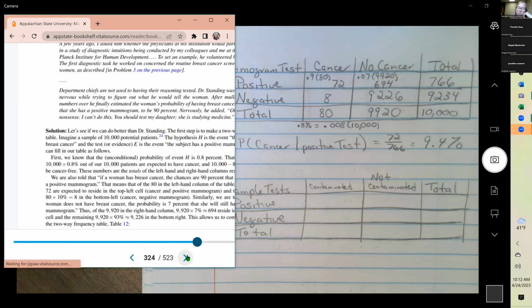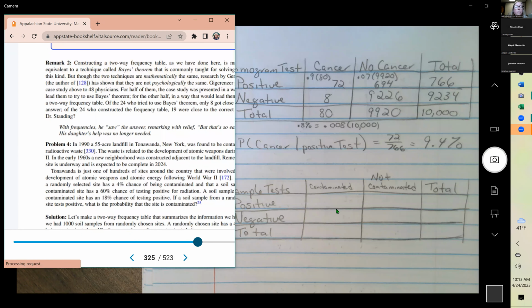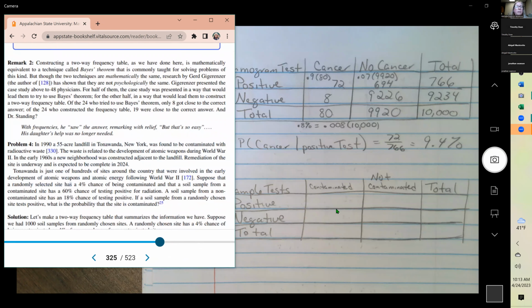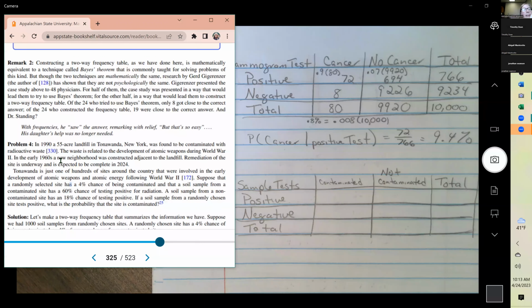Let's try another one. Number 4. In 1990, a 55-acre landfill in Tonawanda, New York, was found to be contaminated with radioactive waste. The waste is related to the development of atomic weapons during World War II.